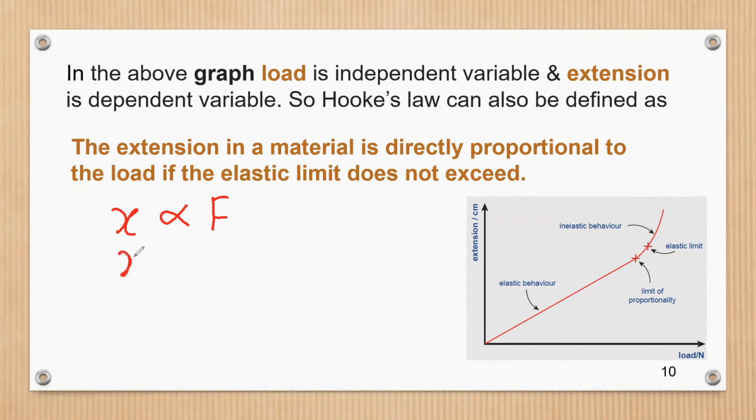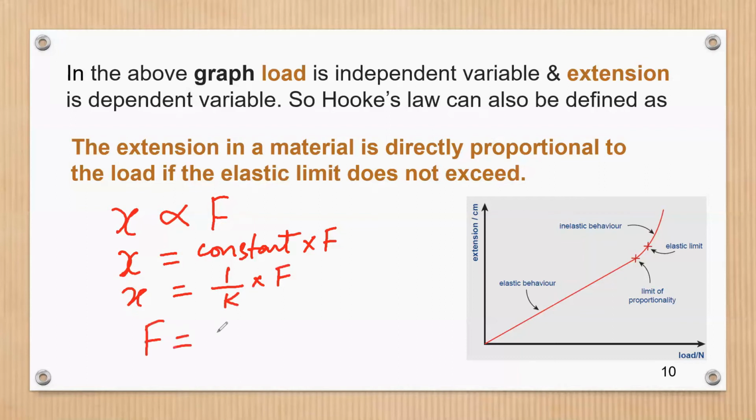Whenever we change proportionality into equality, we always write one constant. But in this case, the constant will be 1 over K times F. By cross multiplication, F equals Kx. Again, the equation of Hooke's law. So we have to see carefully, before we calculate the value of K, whether the load is given along the x-axis or along the y-axis.